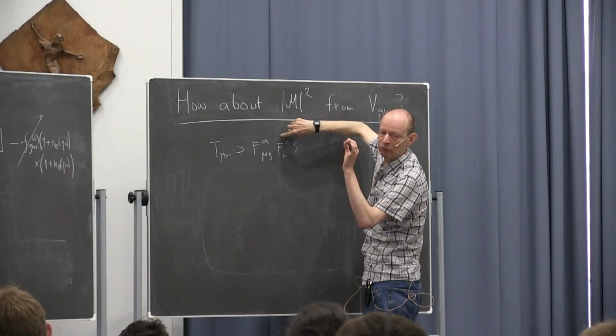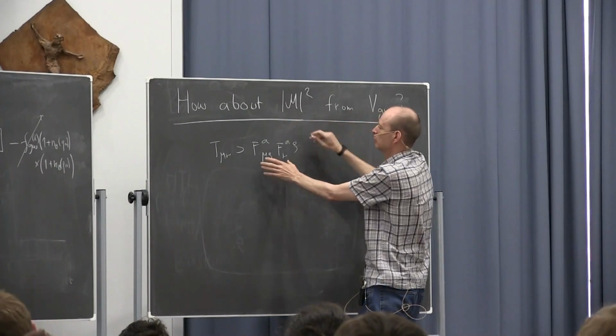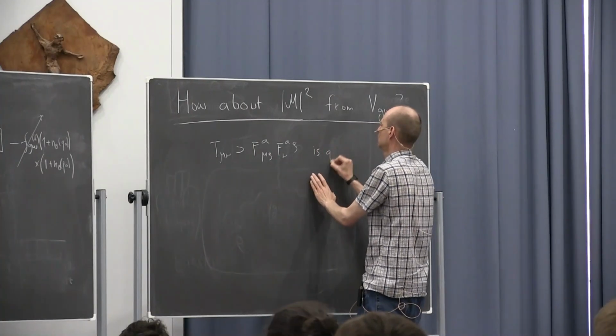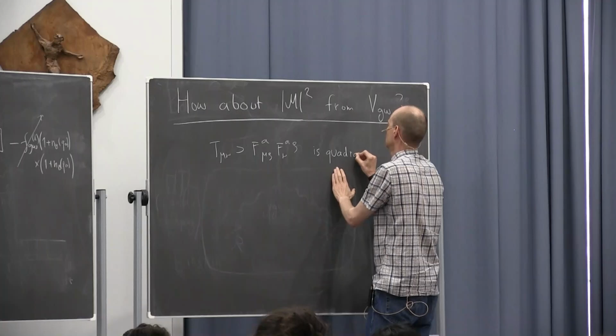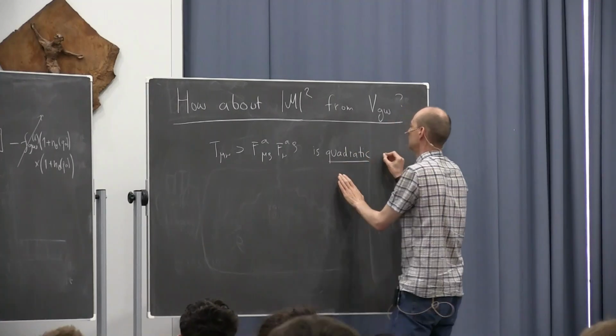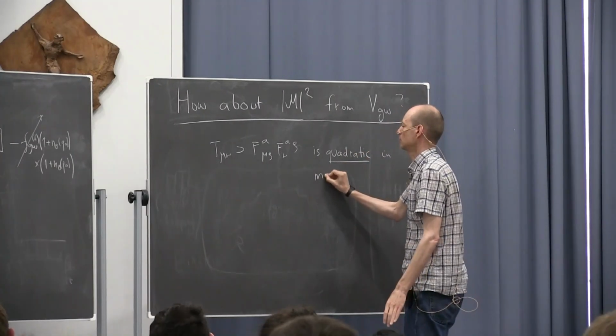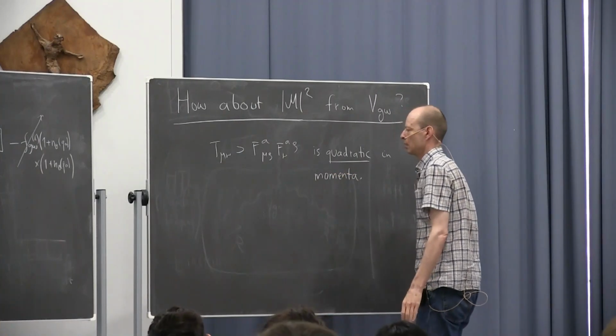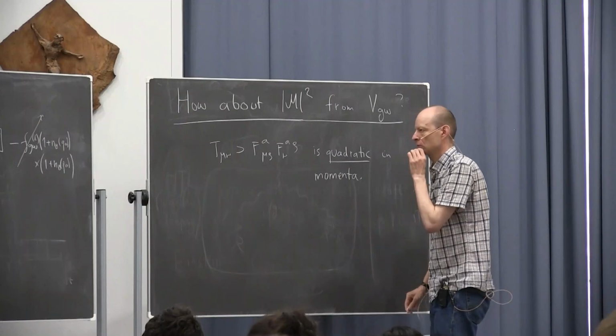And derivative in momentum space gives a momentum. So this is therefore quadratic in momenta. Okay, that's one thing to remember.